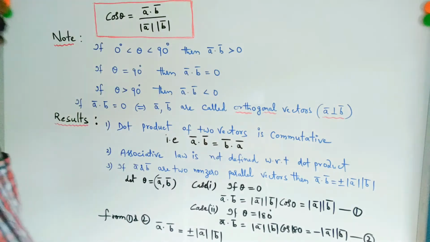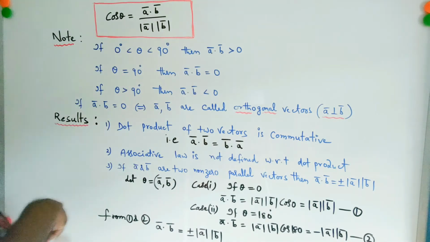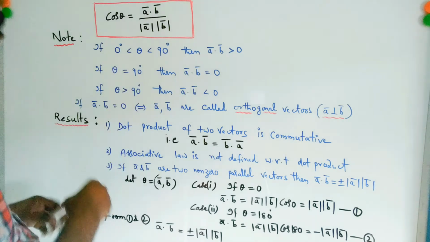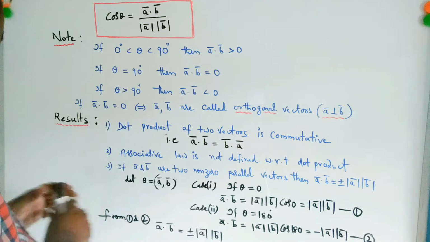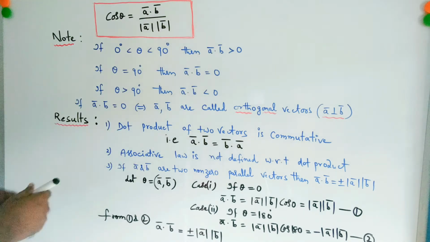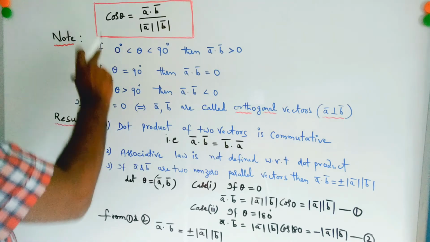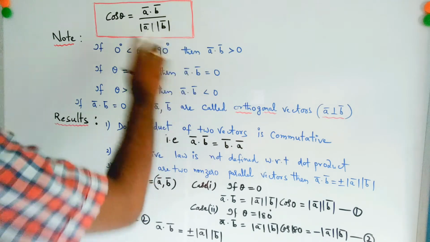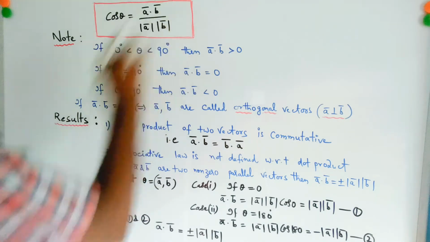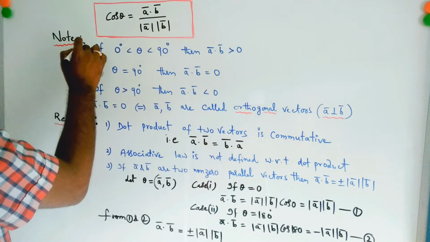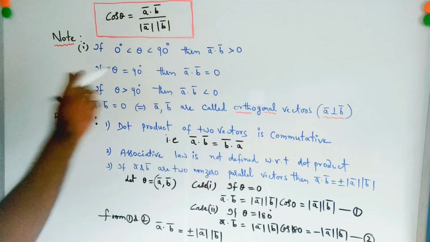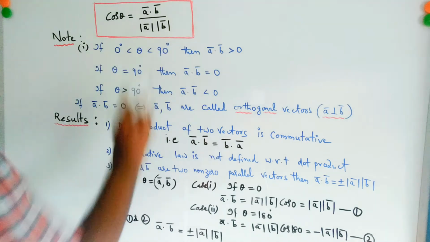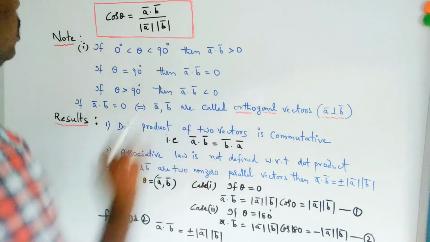Next one, cos theta is equal to A bar dot B bar by mod A bar mod B bar. Now here, first one, if theta is between 0 and 90 degrees, then A dot B value is greater than 0.